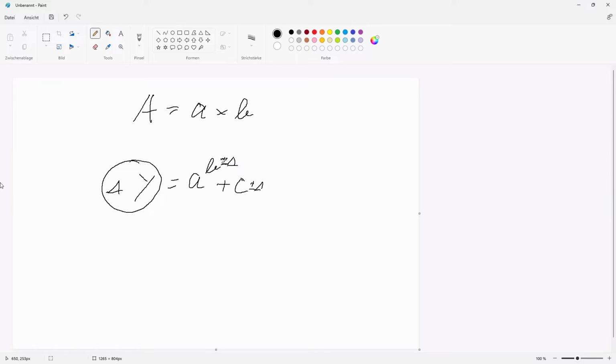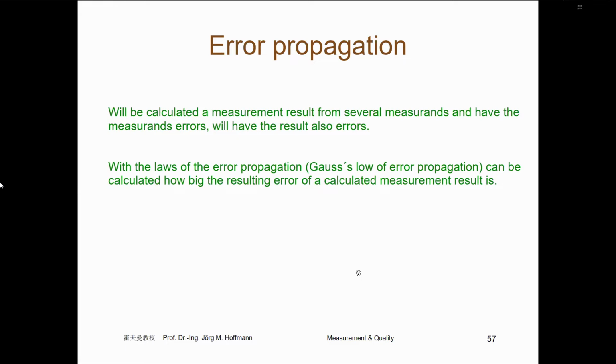That is important, that also the mathematical construction has an influence on the calculation. And this was founded by Gauss. Gauss was a German mathematician many hundred years ago in the Middle Age, and he found these laws of error propagation.